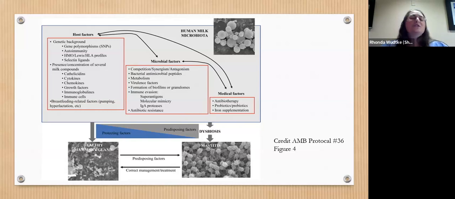But we know that there are certain things that are going to predispose or protect us in that milk microbiota and breast microbiota. Things such as host factors, and that can be autoimmunity. So think about how many more of our patients are having autoimmune disorders. And then breastfeeding related factors: pumping, HaaKaa use, creating those big stashes and that hyperlactation.